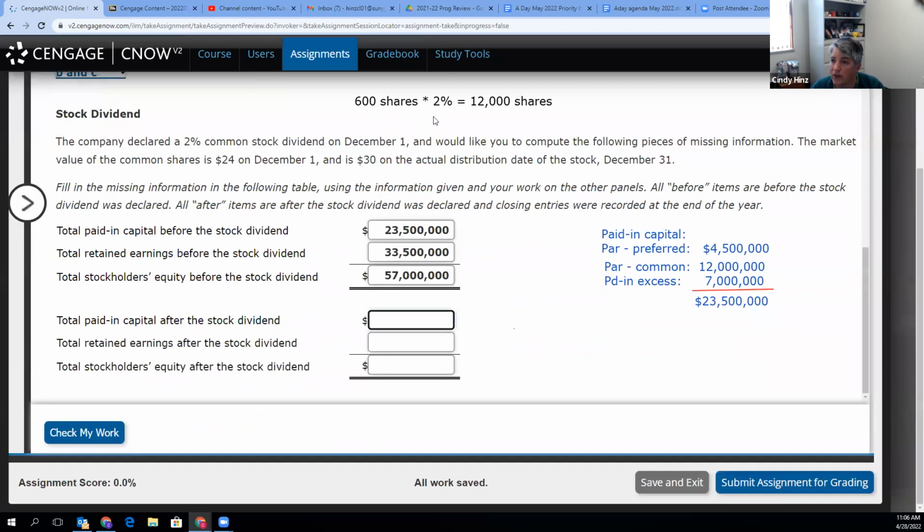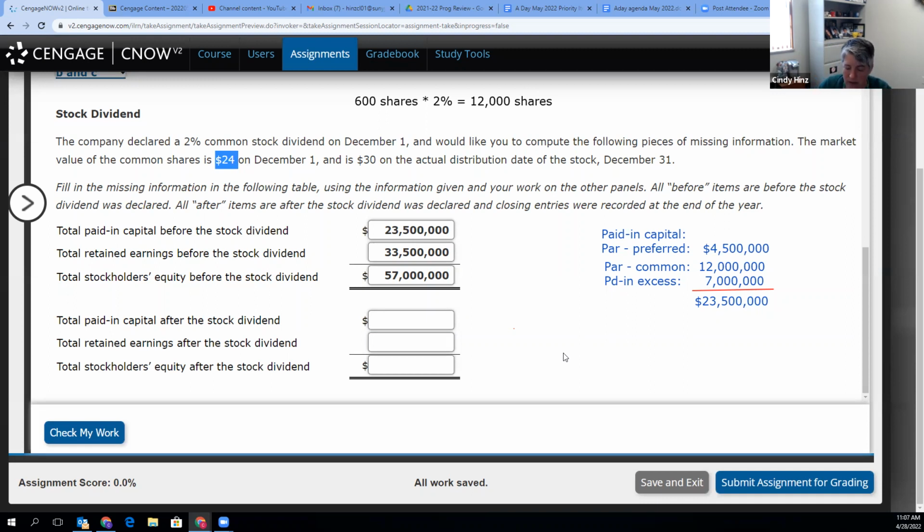So we have 600,000 shares outstanding, and a 2% dividend. We're going to issue 12,000 new shares. And we're going to use the fair market value at the time the dividend is declared as the value of that dividend.